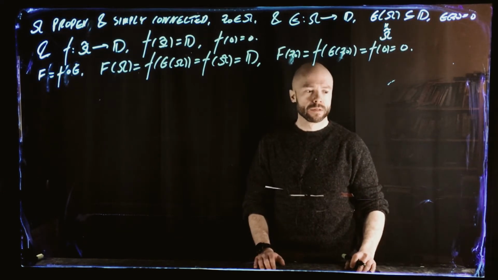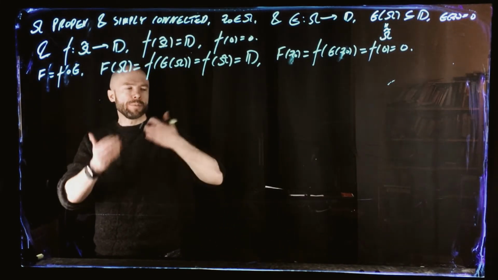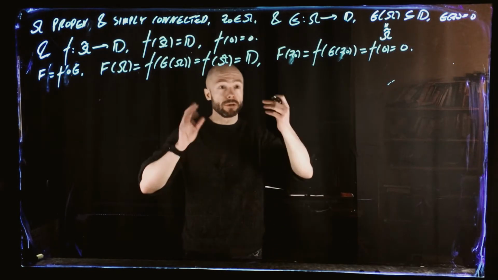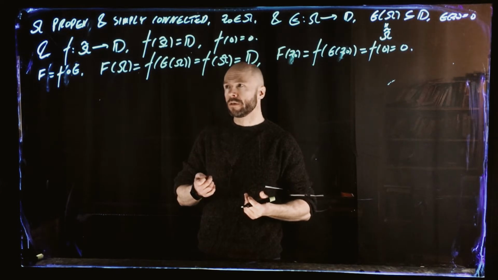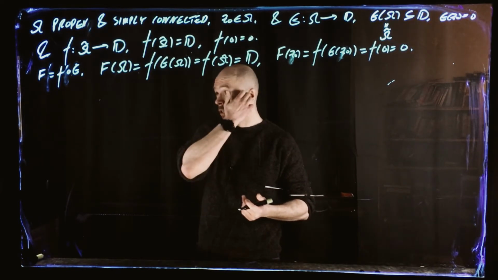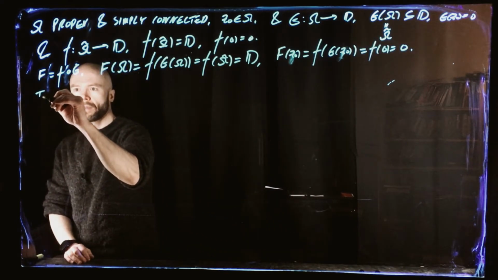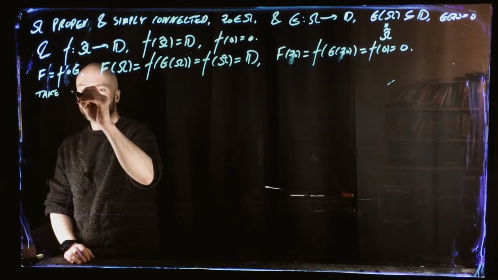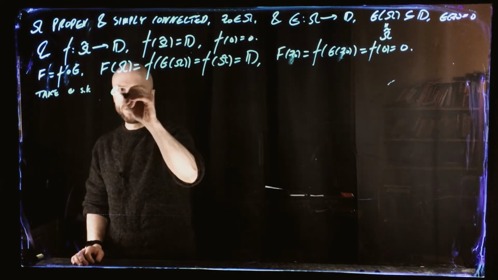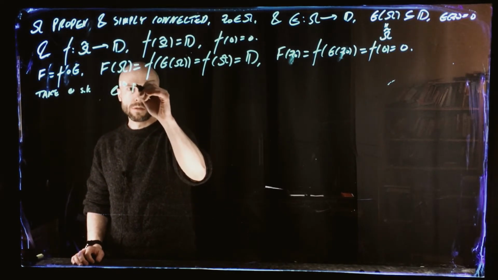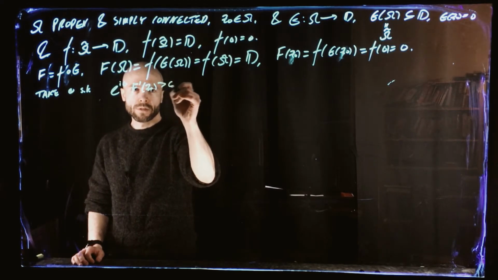Yeah? Cool. All right. And that almost does it, except that we also said we want the derivative to be real. So all we need to do at this point is just compose with a rotation so that the derivative is actually real. So take theta such that e to the i theta F prime of z0 is real.